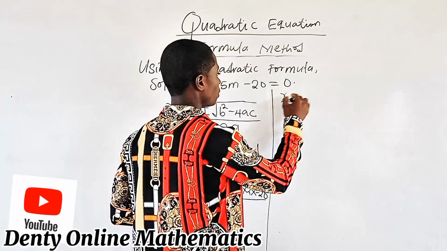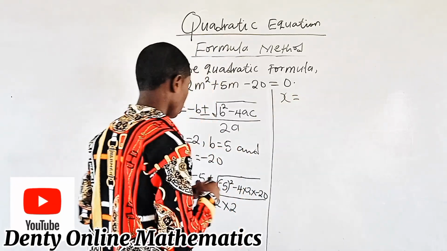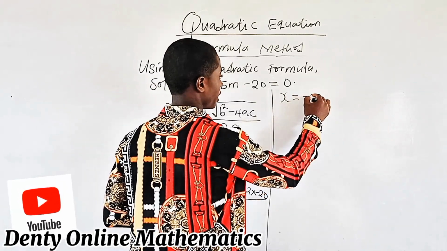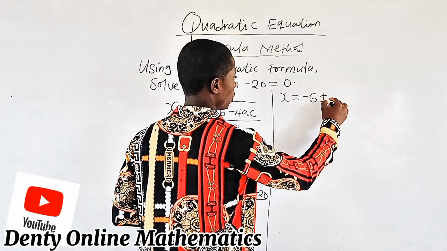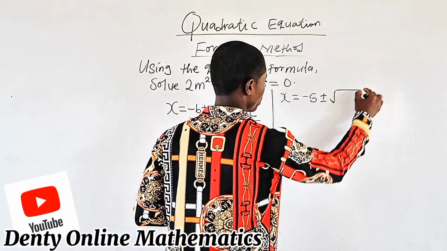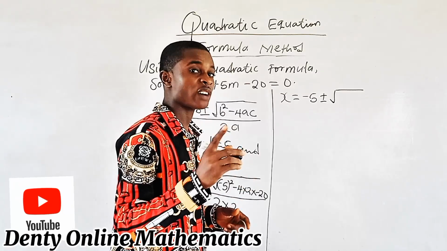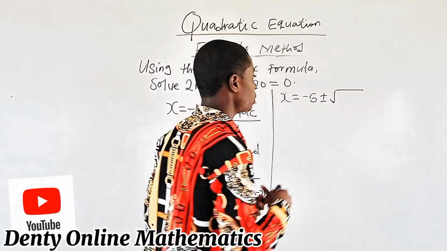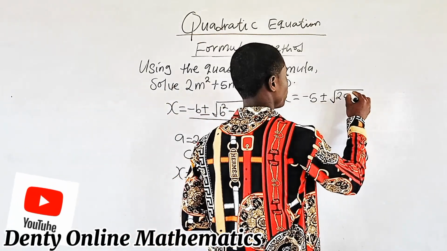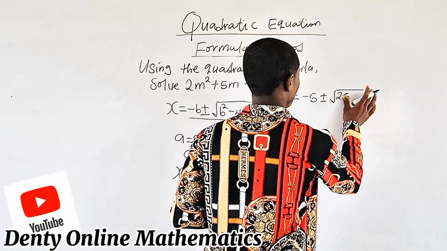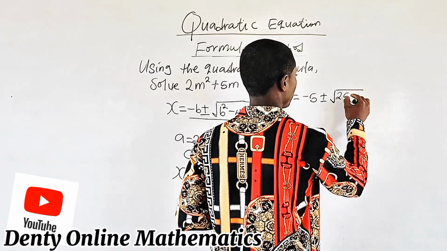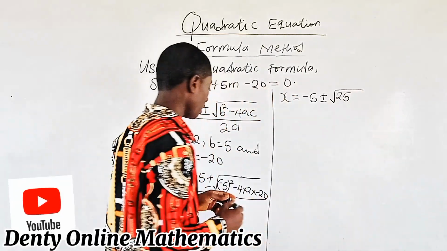Now let's take this up here. Our x will be equal to minus 5 plus or minus the square root of this. Minus 5 squared means minus 5 times minus 5, which is positive 25. Now let's check this.